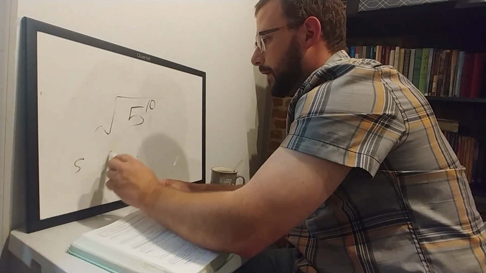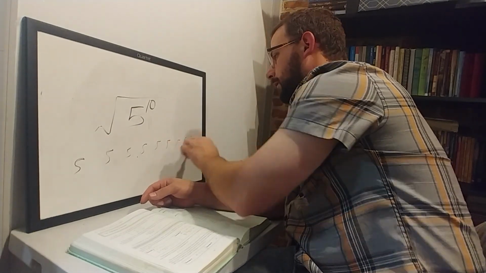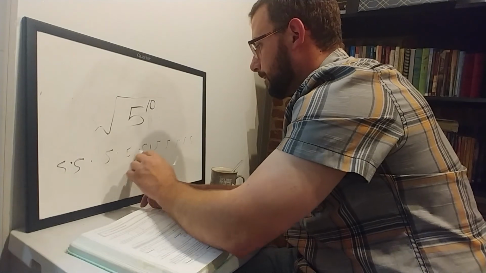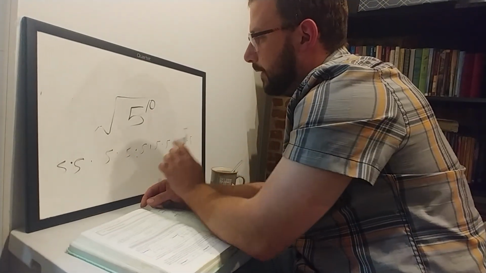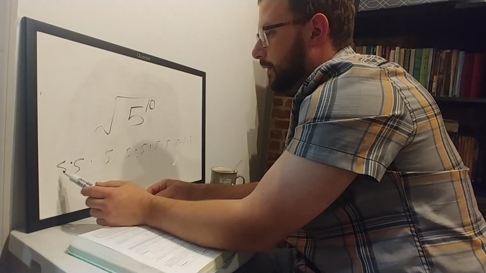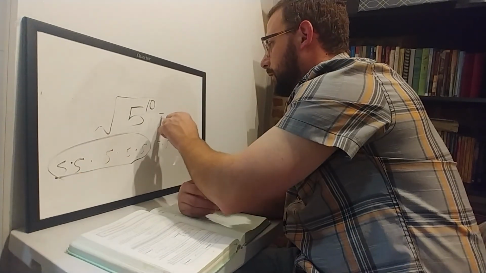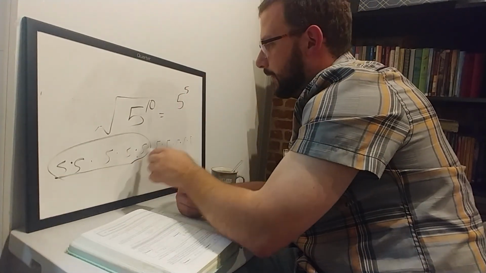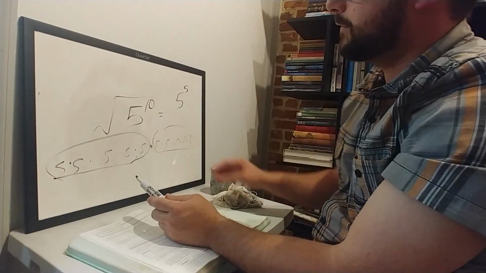All right, 5, 5, 5, 5. That's 5 to the 10th power. So the square root of that would actually be 1/2 of these, or 5 to the 5th, because 5 of the 5s times 5 of the 5s makes 5 to the 10th.